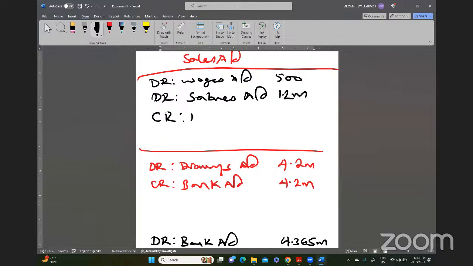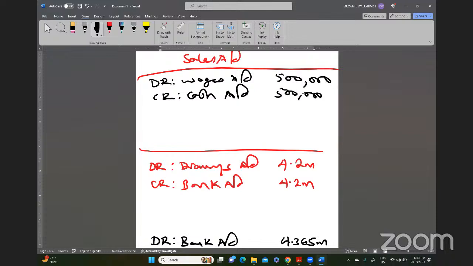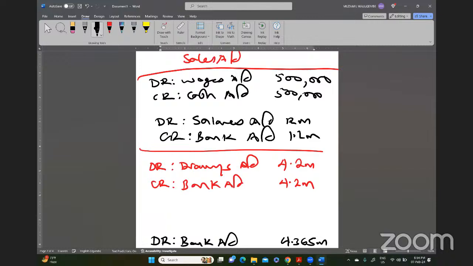And then we are crediting bank. Oh, okay, let's separate, no problem. So we are debiting wages and crediting cash, since they came from different sources. And then we debit salaries with 1.2 million and credit our bank account with 1.2 million. But we are going to draw one account called salaries and wages.